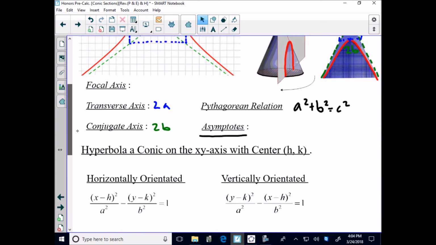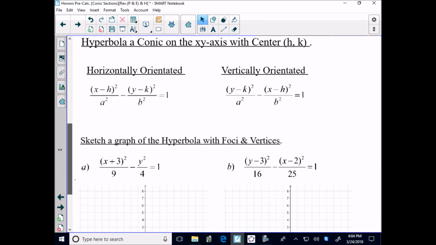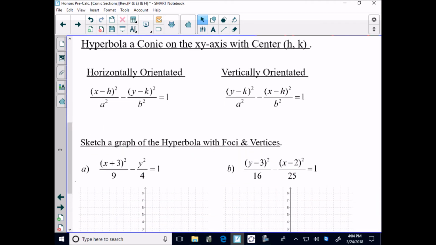So right here, we're going to go on and talk about the equations for the hyperbola on the xy axis. We're going to say that the hyperbola as a conic section on the xy axis with center (h, k) is defined horizontally as (x minus h) squared over a squared minus (y minus k) squared over b squared equals 1, and vertically as (y minus k) squared over a squared minus (x minus h) squared over b squared equals 1.